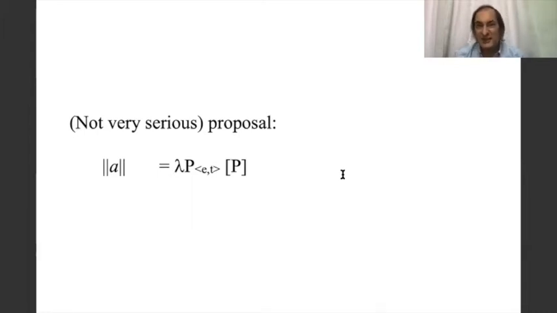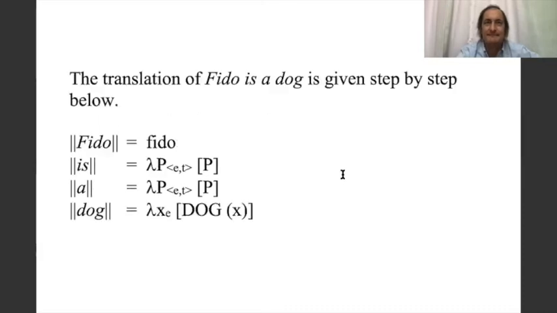That's just so that we can go on and look at other things that we're more interested in. We're doing this so we can put it aside and not focus on it, because we want to focus instead on what happens when we put adjectives and nouns together. And this is something that we have to deal with in order to do that. Okay, now the translation of "Fido is a dog."